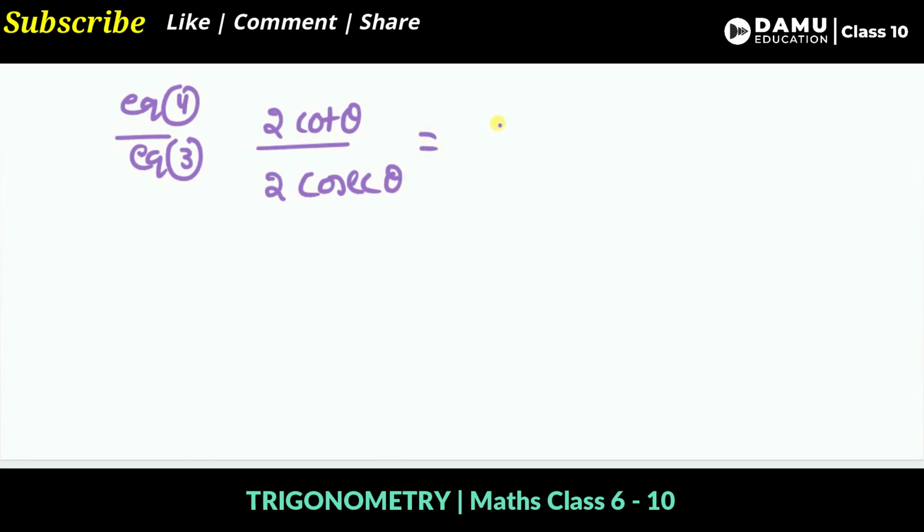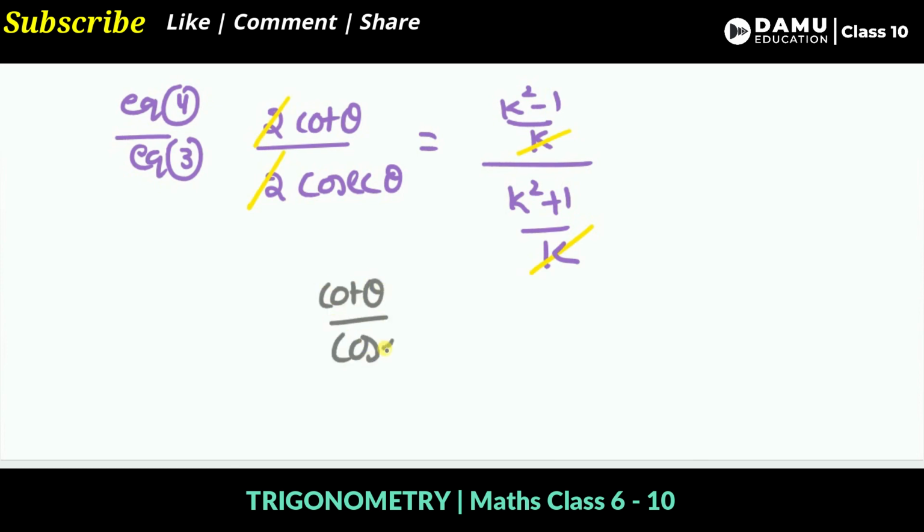So 2 cot theta by 2 cosecant theta equals k square minus 1 by k whole divided by k square plus 1 by k. Here k will cancel and 2 will cancel. The answer will be cot theta by cosecant theta equal to k square minus 1 by k square plus 1.